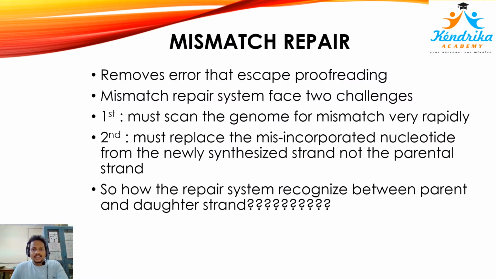This occurs when an error happens during the proofreading of your DNA polymerase. You know DNA polymerase has a proofreading activity: it moves in the backward direction, from 5' to 3', finds a mismatch, a mis-incorporated nucleotide, and removes it.